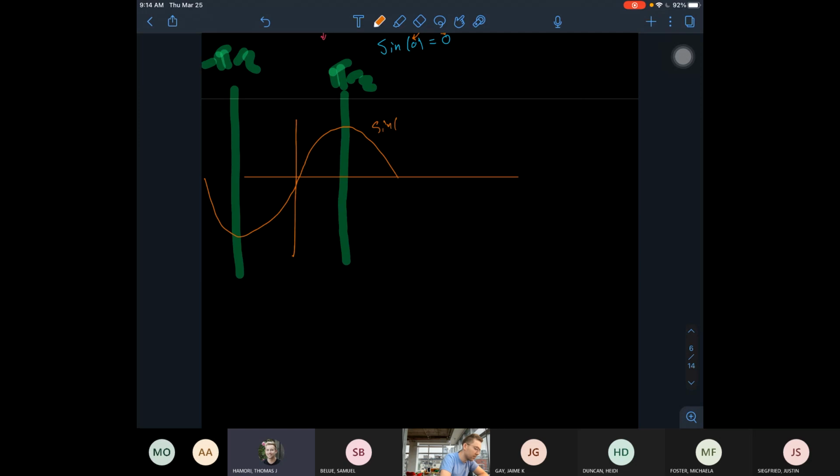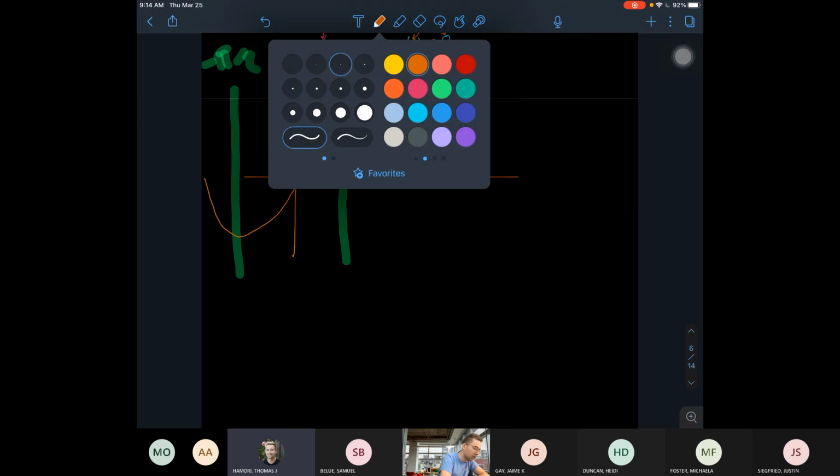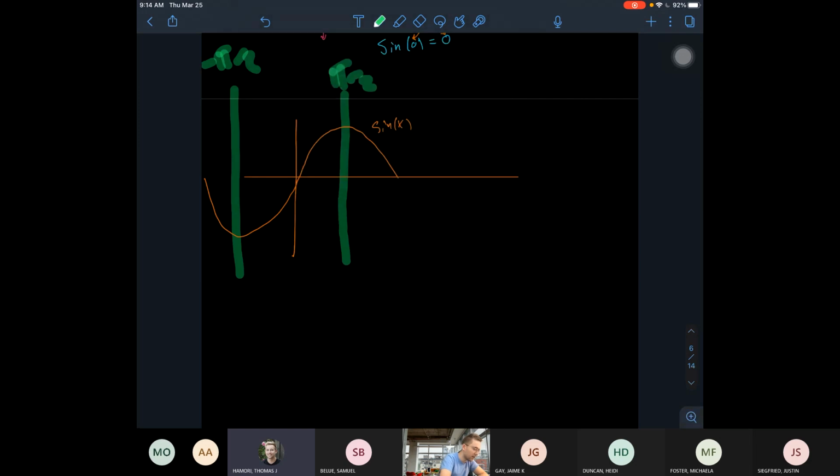However, cosine of x is not one-to-one in this region. What does it look like? It looks like this. This is cosine of x. The issue is cosine of x doesn't pass the horizontal line test in the same region. So cosine of x is not one-to-one in the region negative pi over 2 comma pi over 2.